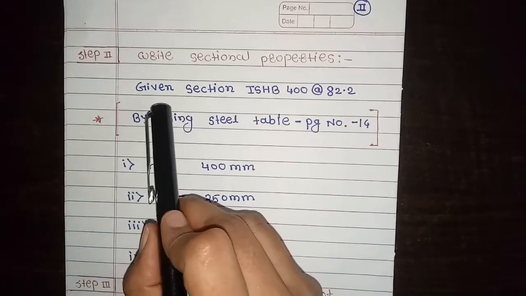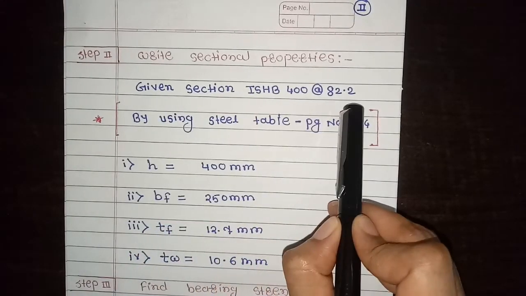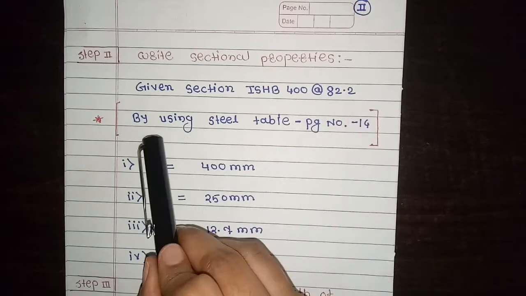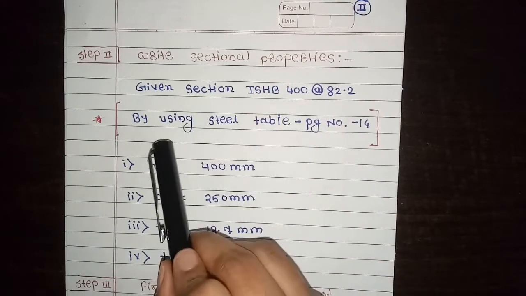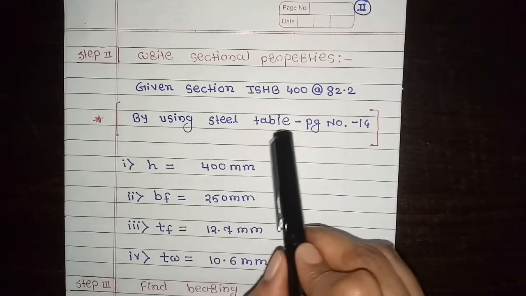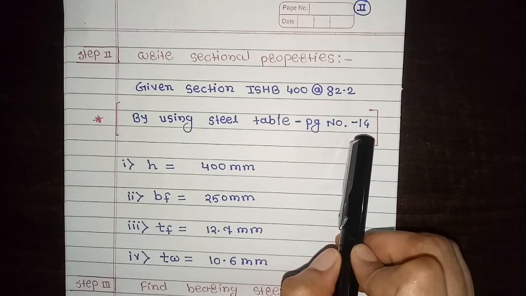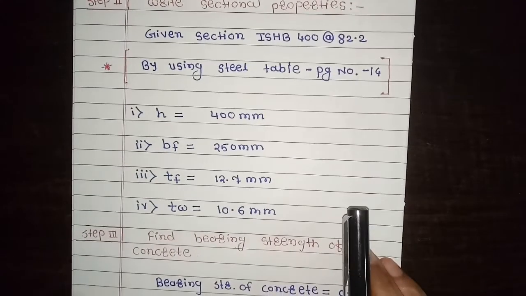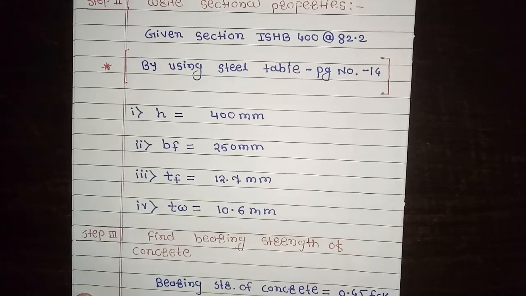In the given question, the given section is ISHB 400 at the rate 82.2. So write sectional properties by using steel table page number 14. Write down these values: H, BF, TF and TW.